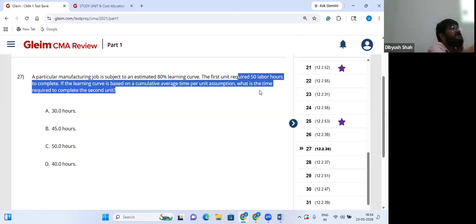There I was telling 7 units, 700. Here they are asking 1 to 2. Total time for 2 units minus total time for 1 unit will give you the answer. If the first unit was done in 10 hours and 2 units in 18 hours, the second unit was made in 18 minus 10, 8 hours. That is what they are asking. Clear?